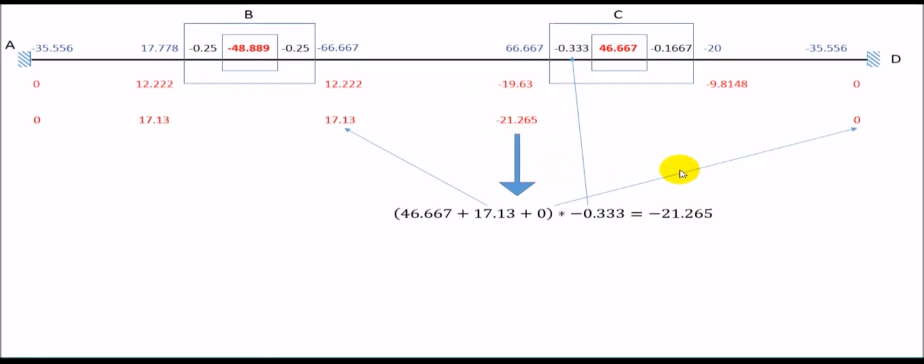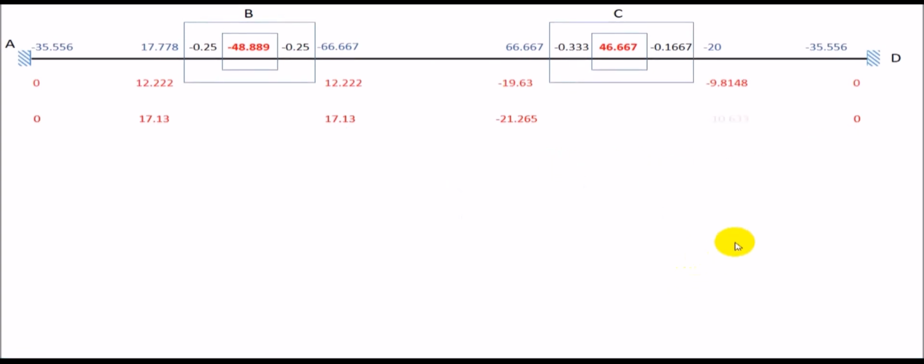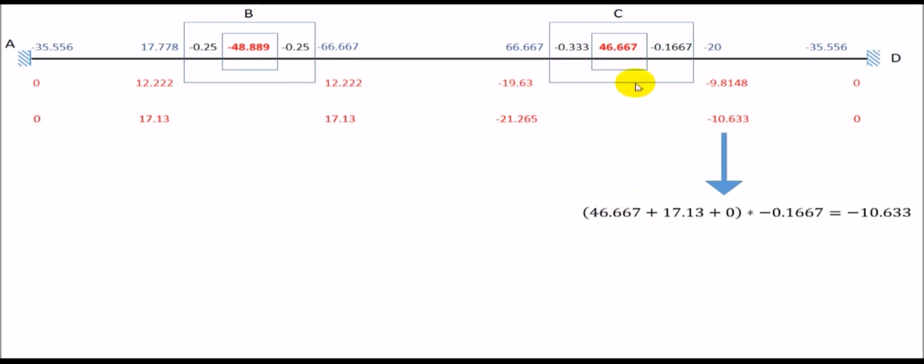Okay, the iteration value of CD is 46.667, that is summation moment, plus the latest iteration value of left support, which is 17.13, plus the latest iteration value of right support, which is 0, into the rotation factor of CD, which is equal to minus 10.633, which is my iteration value for CD. So I hope this process is very clear to you.